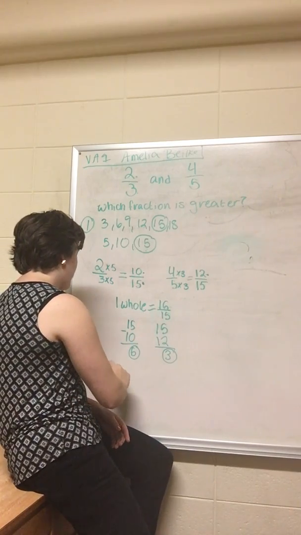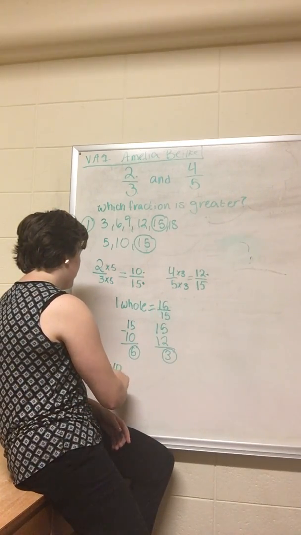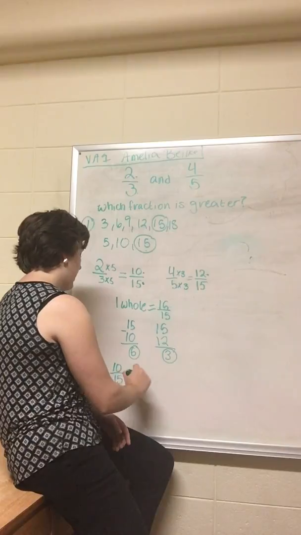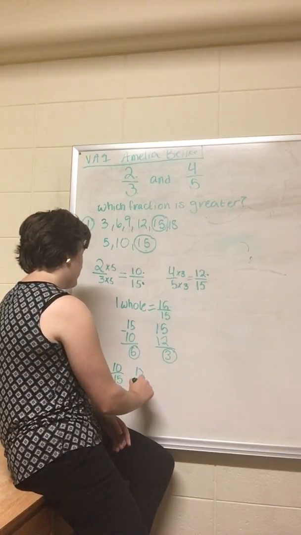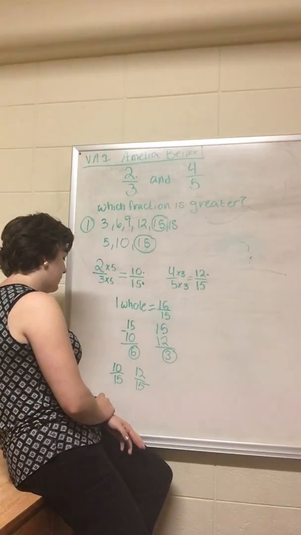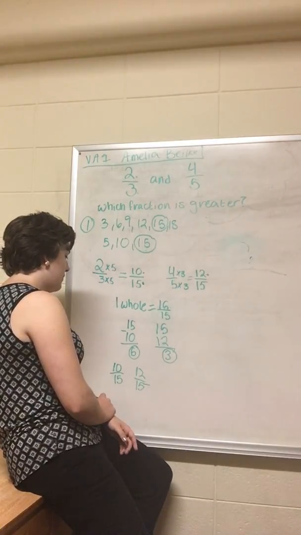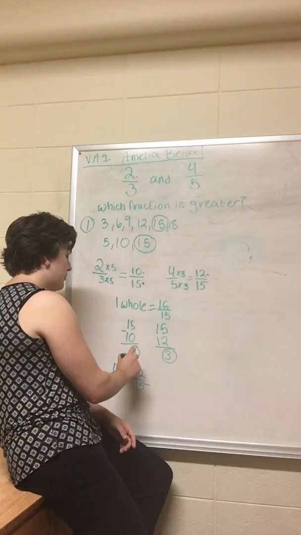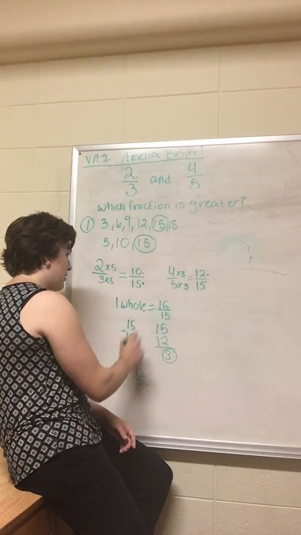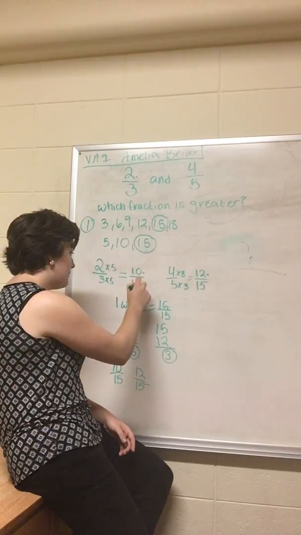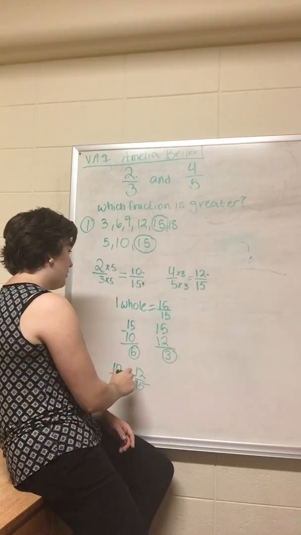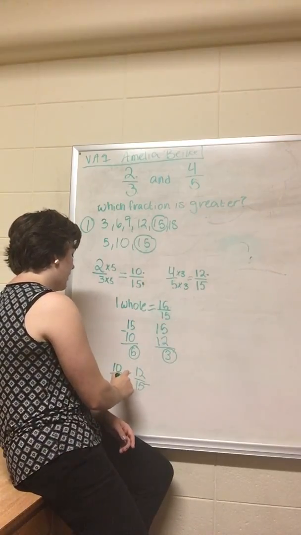So we can say 10/15, and then we write down 12/15. Okay, so let's compare. Because 10/15 is farther away from the whole, 12/15 is greater.